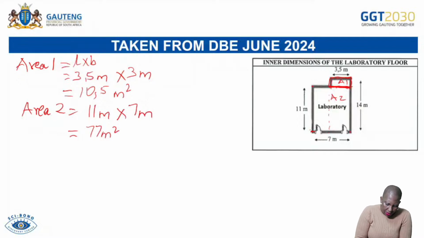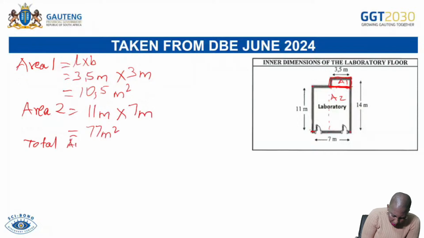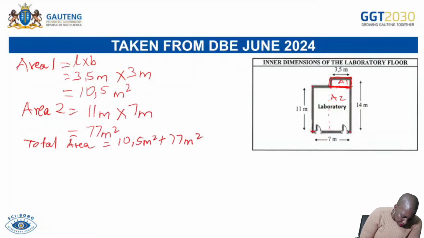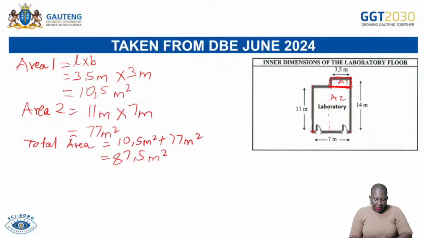Total area to be tiled, total area will be 10.5 meter squares plus the 77 meter squares plus 10.5 meter squares, which will give me what? 87.5 meter squares.